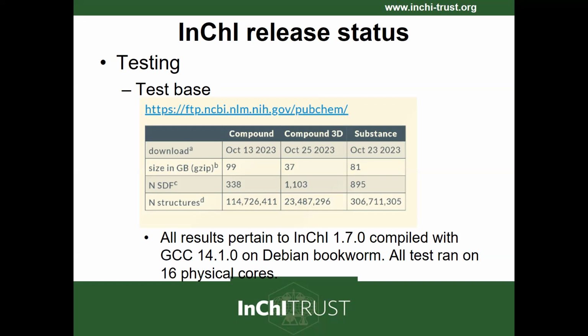Or if there is a normalization, it's not the one that has been used, for example, for PubChem. So in the end, we primarily focused on the compound 3D part to make sure that the 3D works, and on the substances. The substance level has about 306 million chemical structures to test, with 280 or 290 million that are real structures and not no-structures.